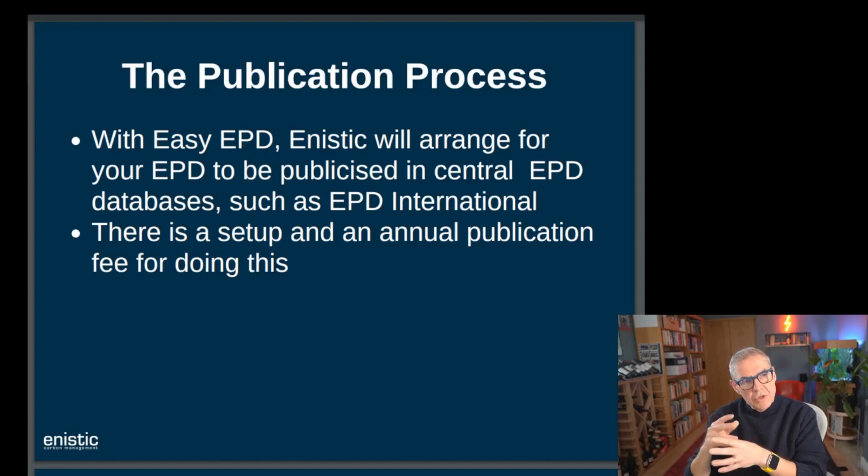And when we push it up to EPD International, it gets an official number. And at that point, you've got yourself an EPD. You've got your EPD reference number, and it's published on the central databases. What that means is that anybody who wants to look at them, as I said earlier in the video, can call them up, and they're all in one place, so you can compare forklift A to forklift B to forklift C, etc. Okay, we'll handle that for you.